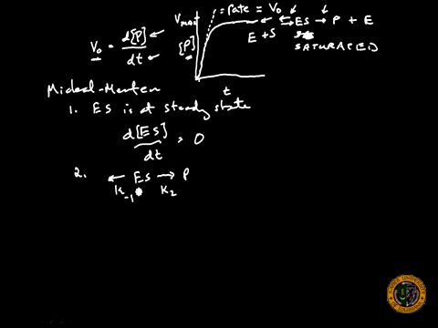And so as long as our K minus 1 is much, much greater than our K2, then we can assume an equilibrium between the formation of ES and the breakdown of ES. And we can also determine, this formation would be K1, we can also determine the affinity of our enzyme to our substrate.